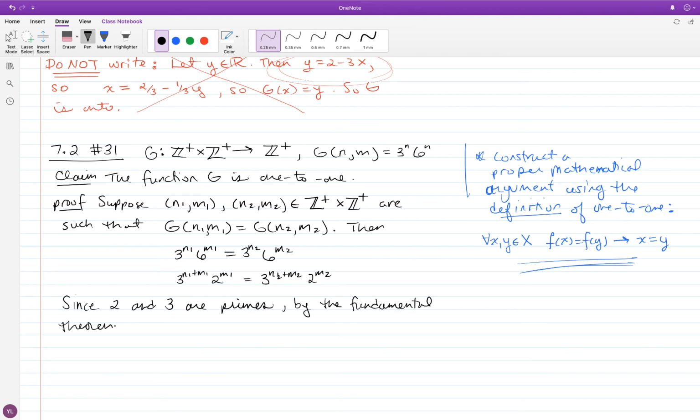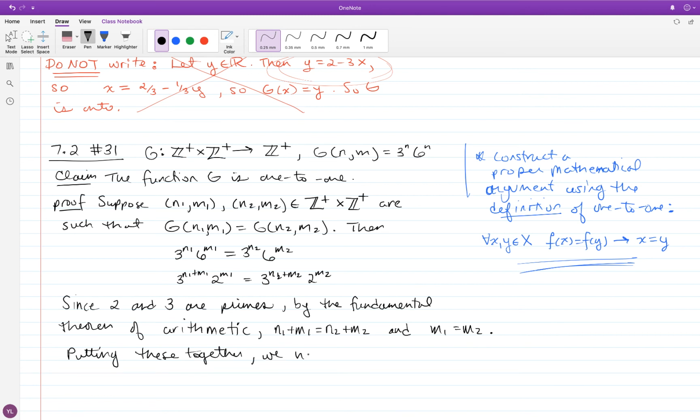You can't immediately conclude that n1 equals n2. All you can immediately conclude is that n1 plus m1 is equal to n2 plus m2, and m1 equals m2. So same number of 3's gives me the first equation, same number of 2's gives me the second equation. You have to put those two equations together to further conclude that n1 equals n2.